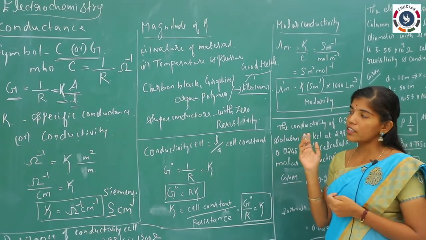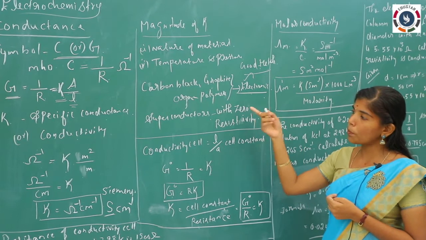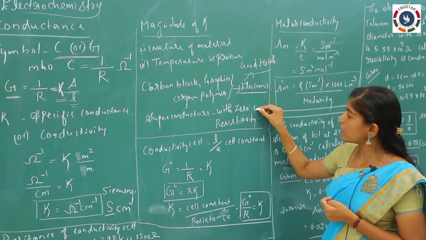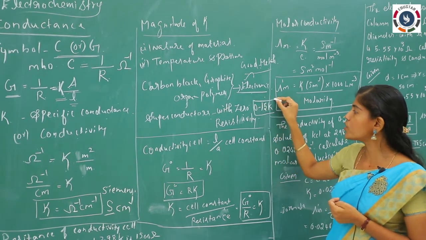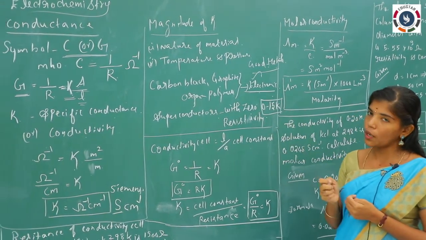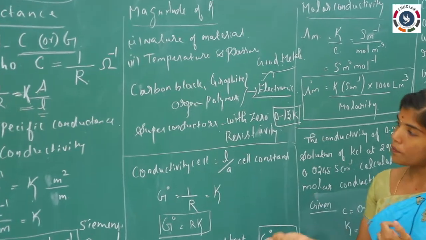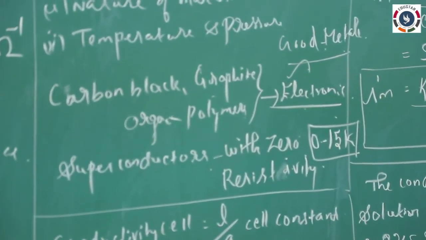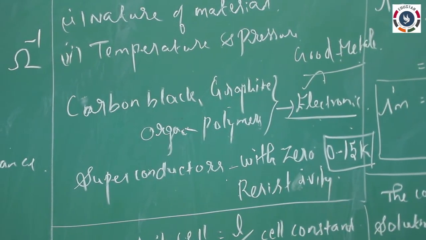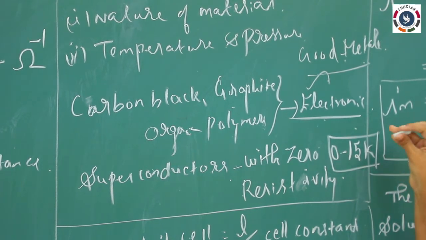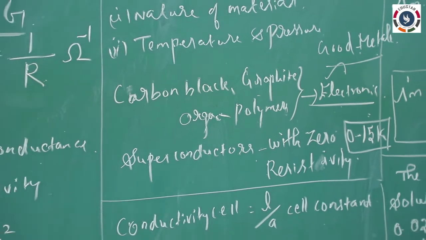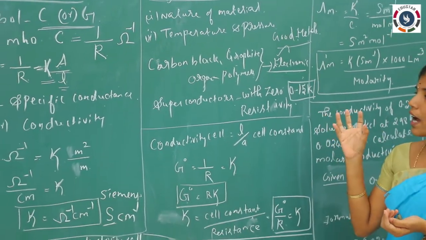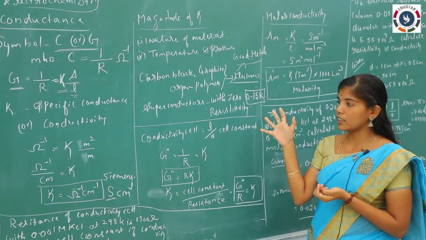In earlier days many metals had the superconducting ability at a temperature of 0 to 15 Kelvin. Nowadays due to advanced technology we are able to make materials into superconductors even without achieving this temperature. So, nowadays ceramic and mixed oxides can also behave as superconductors.